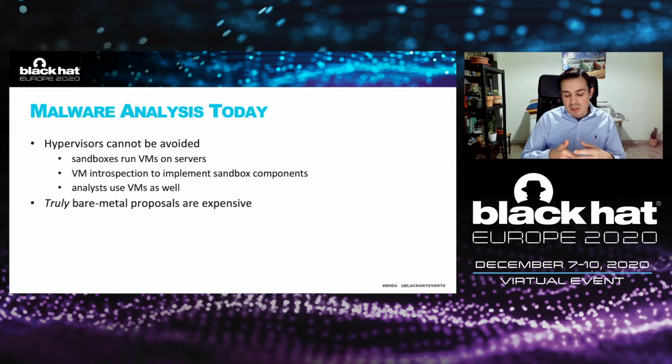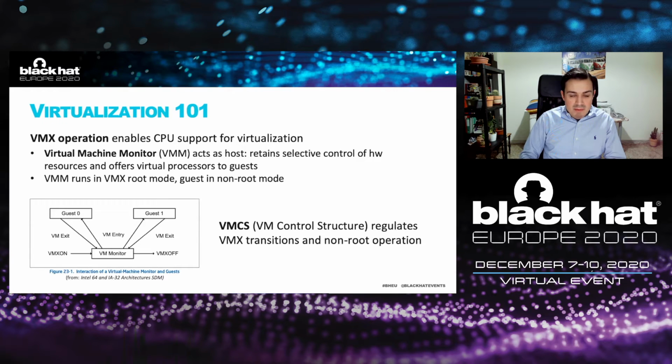In recent years, many researchers and companies have proposed designs where the agent functionality of a sandbox is implemented at a hypervisor level using virtual machine introspection, so as to reduce the number of artifacts in the execution that an adversary can look for. So hypervisors are really important, and the problem with hypervisors is that they introduce some discrepancies.